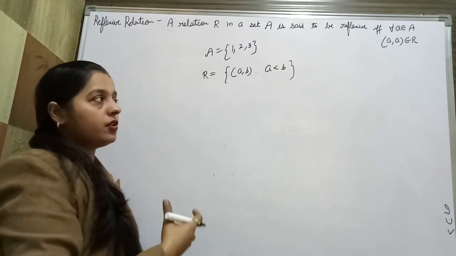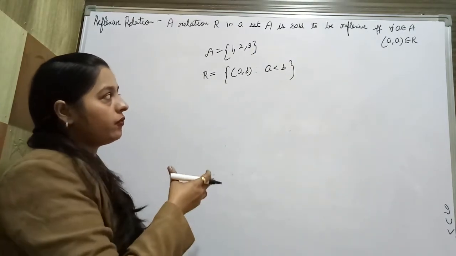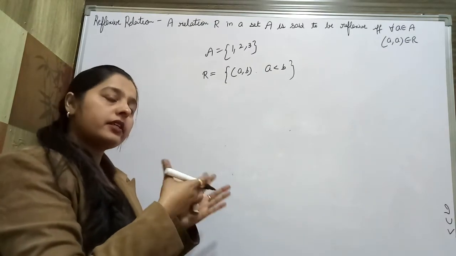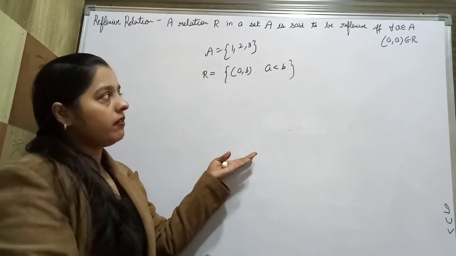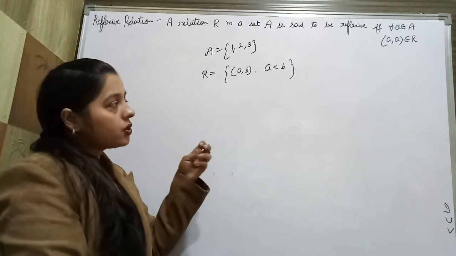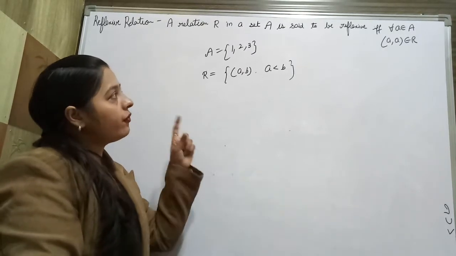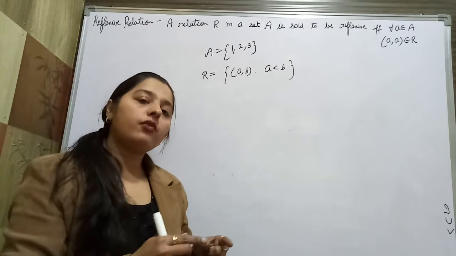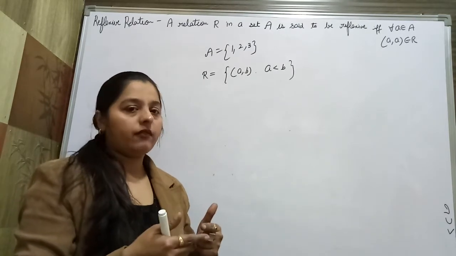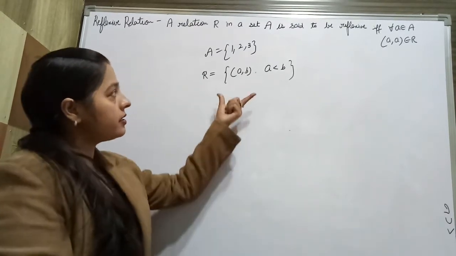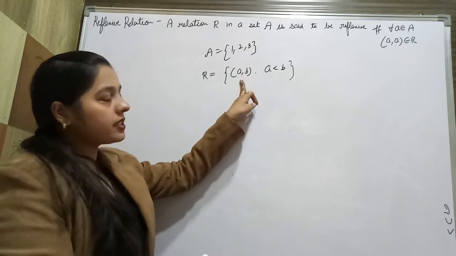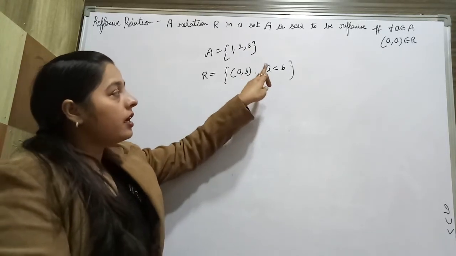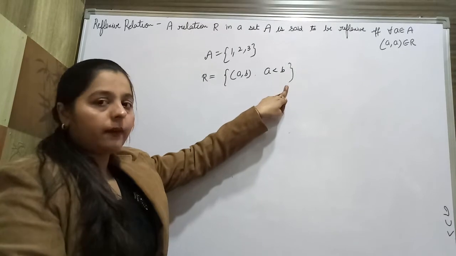In your exams, in your textbooks, they may ask this type of question: find out whether it is reflexive or not reflexive, right? So what should we say there? For reflexive relation you must connect each and every element to itself, right? So how will you read this relation? For reflexive relation you have to check, can you say that a is less than a, right?